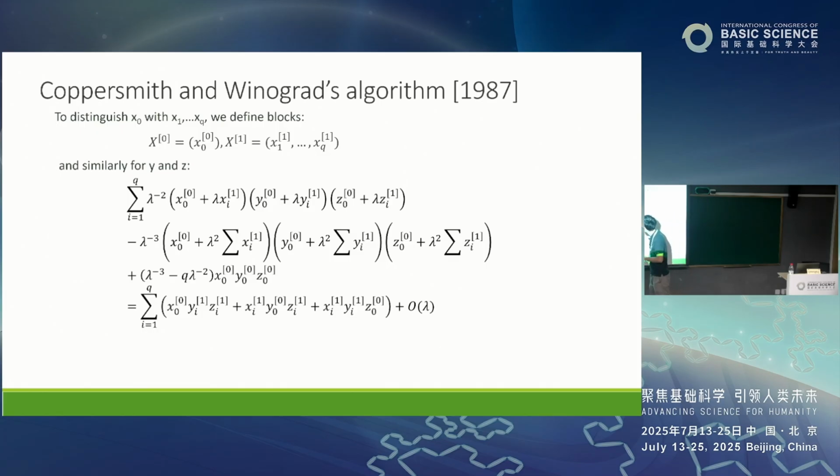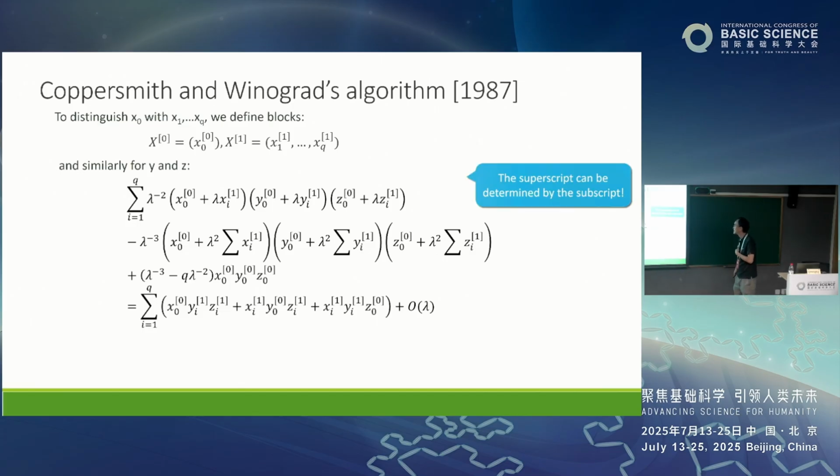So here there are q plus 2 products. And what we get is like this. So what we can compute is that z is equal to this one.